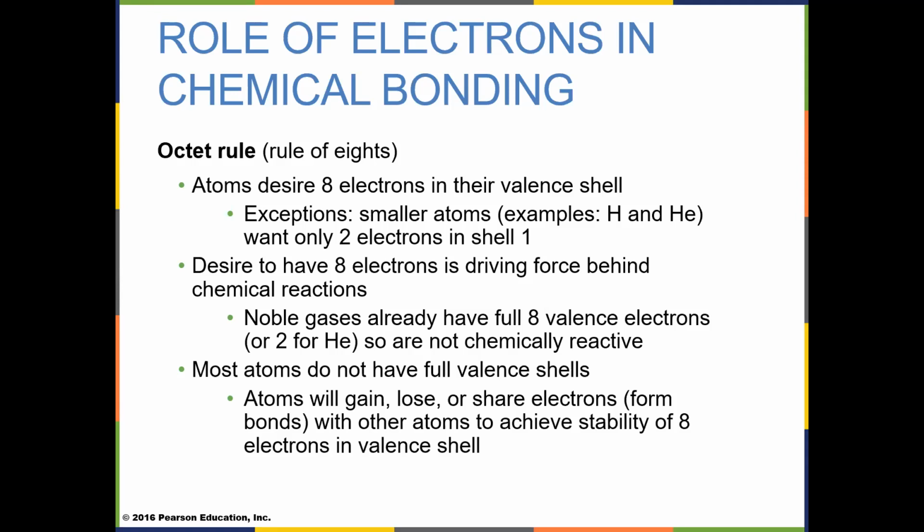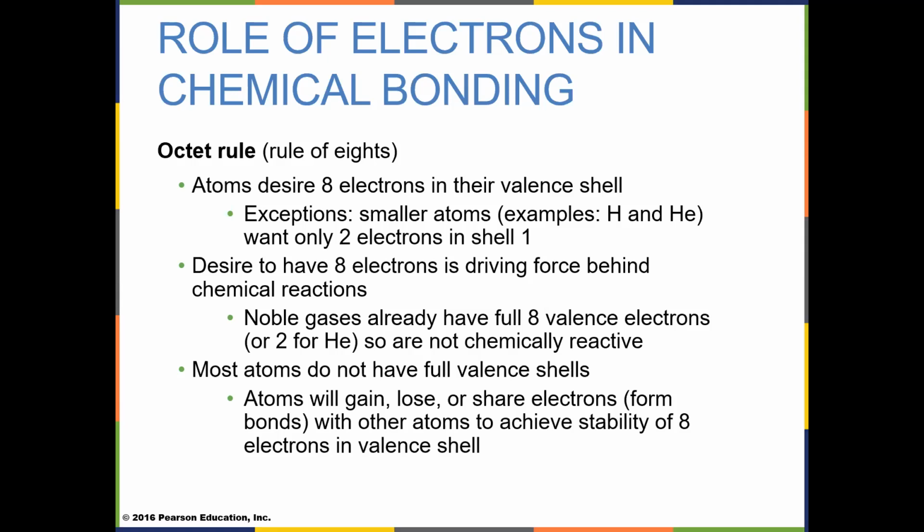Helium has 2 protons and 2 electrons, all in its only shell, its valence shell. So the very first shell of any atom can hold no more than 2 electrons. The only 2 atoms that have just 1 shell are hydrogen and helium.